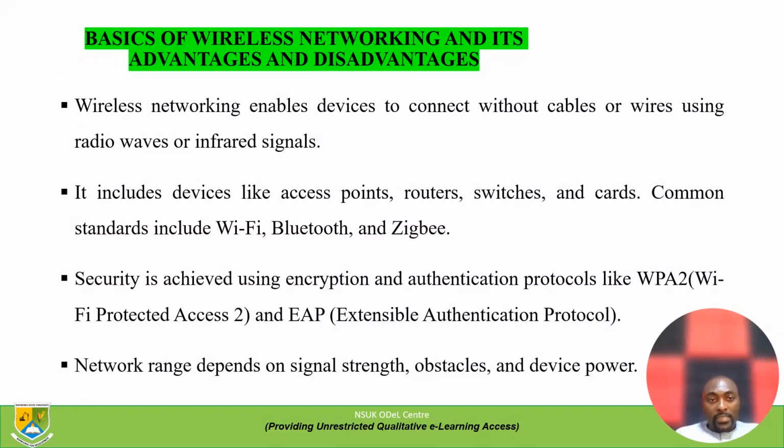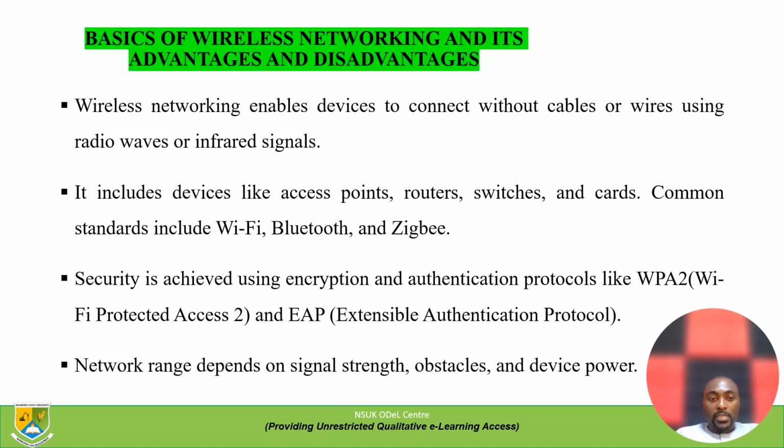Basics of wireless networking and its advantages and disadvantages. Wireless networking tends to enable devices to connect to the network without the use of cables or wires, usually using radio waves or infrared signals, among others. It includes devices like access points, routers, switches, and cards.